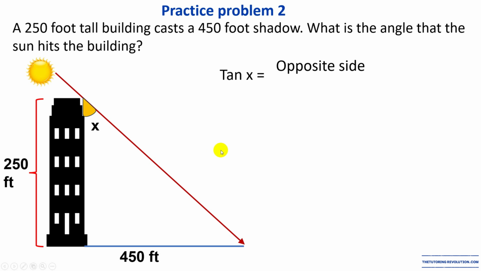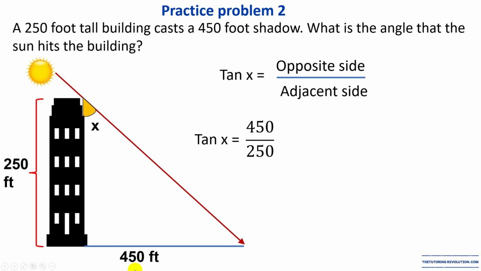So the tangent of X will be 450 divided by 250. Now I'm going to use my inverse function. Again, we swap these two and we put a -1. So tangent inverse of 450 divided by 250 will equal X. And that's what I need to put in my calculator.